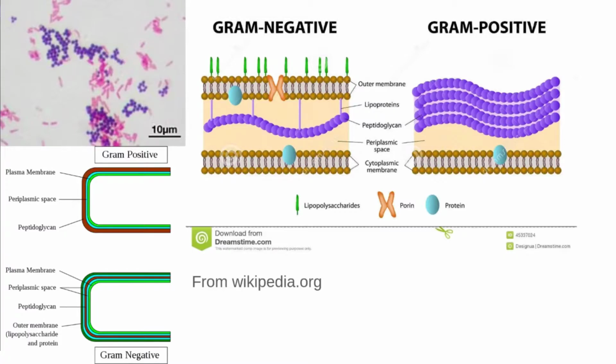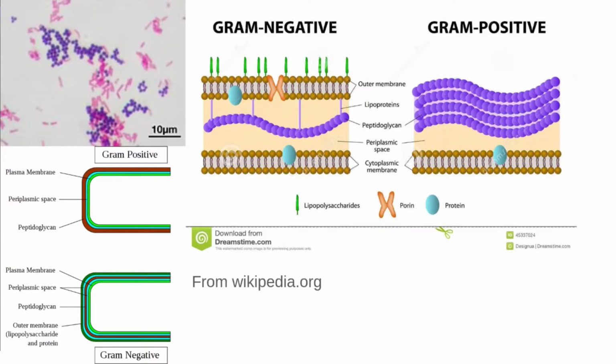Any questions so far? Yes. You said that some bacteria can be variable. Your gut bacteria, for example, E. coli, can be gram variable. Does that mean that it switches between one and the other, or does it have to be a different bacteria for it to be a different type?